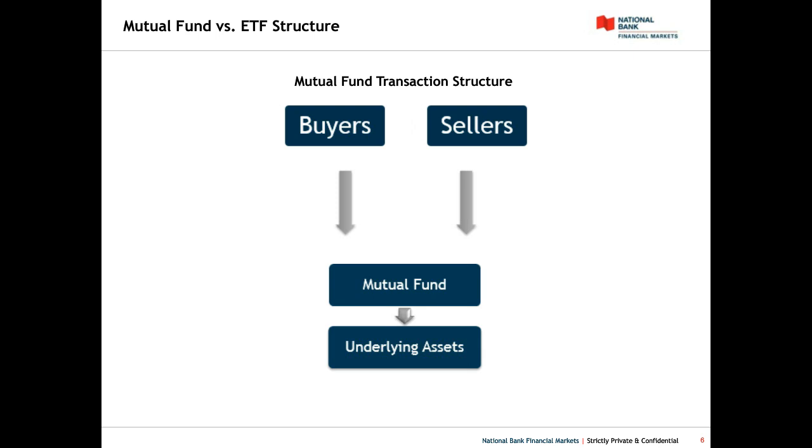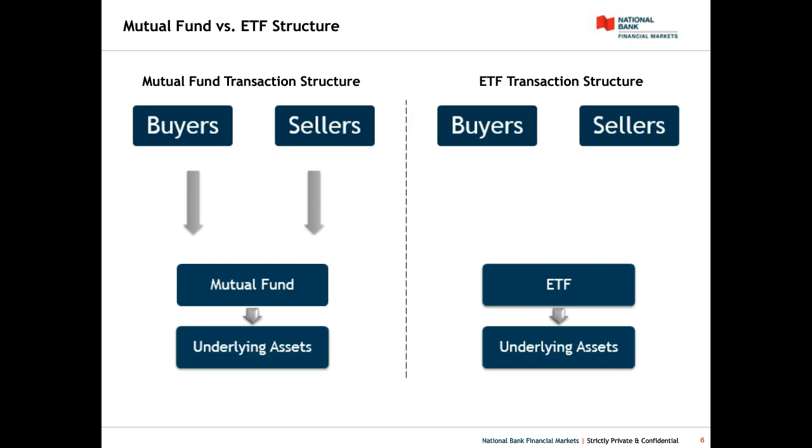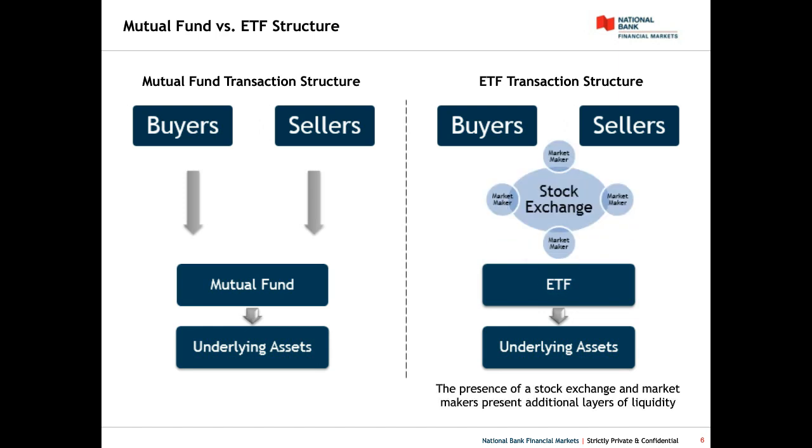Now, ETFs are essentially mutual funds, but the main difference is that buyers and sellers interact with other buyers and sellers in the marketplace, or more specifically, a stock exchange. And on the exchange are market makers who provide liquidity in large size over and above the size posted by natural buyers and sellers. These market makers are ultimately the parties that interact with the fund to create and redeem units as needed.